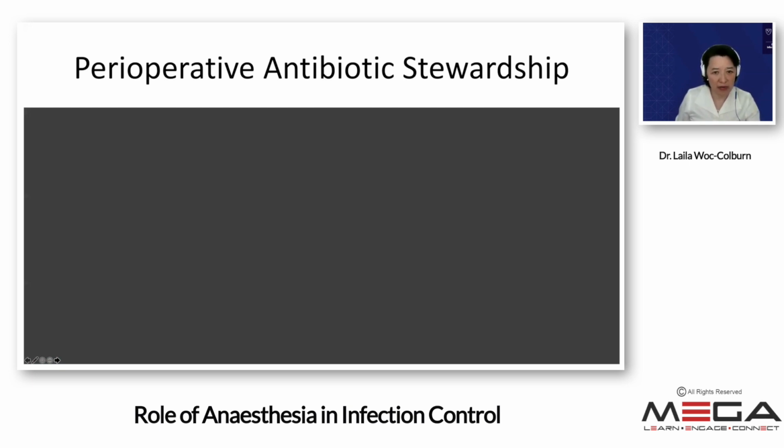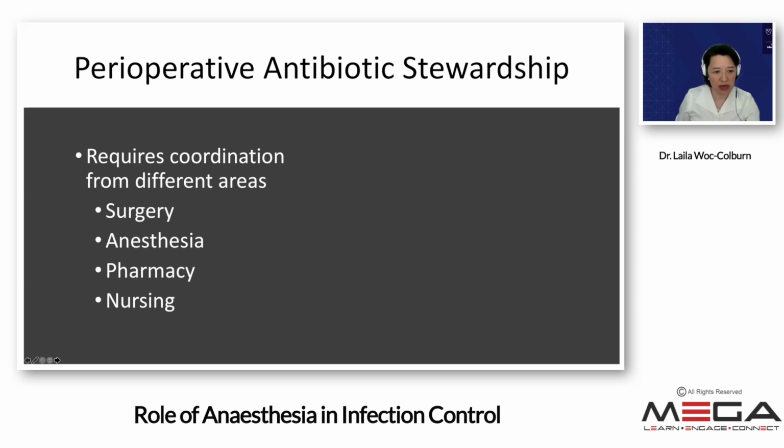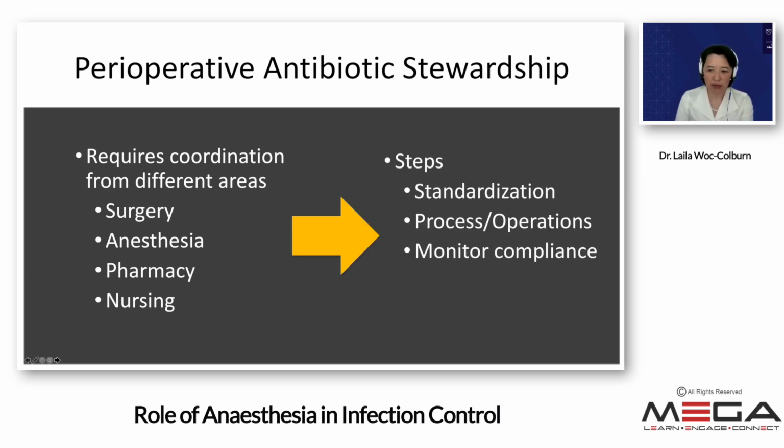Well, that's perioperative antibiotic stewardship, which requires coordination between surgery, anesthesia, pharmacy and nursing, meaning we have surgical bundles where we have to give antibiotics early enough to avoid infections afterwards. So that's one of the parts. We have standardization of process and operations, and we monitor compliance.